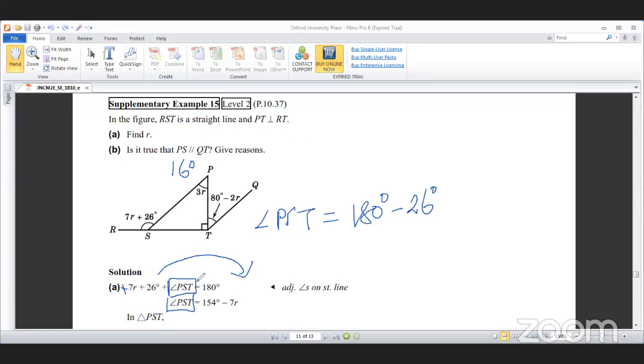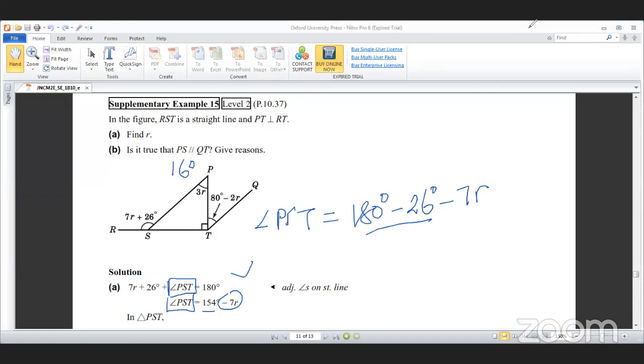Therefore we want to cancel it: plus 7R, so I need to minus 7R. Then we can just simplify this part: 180 minus 26 will be 154 degrees.